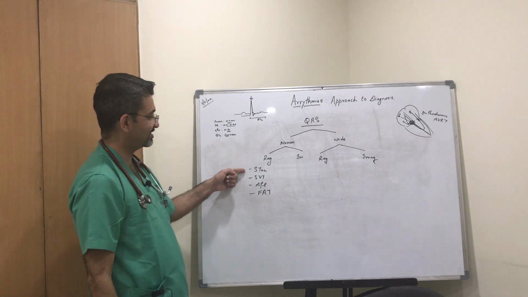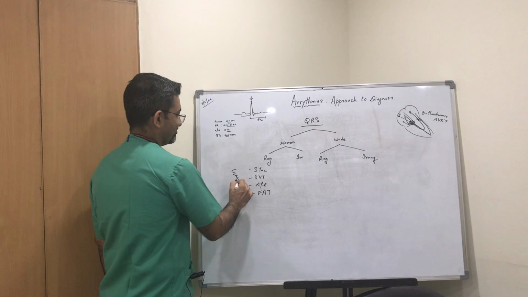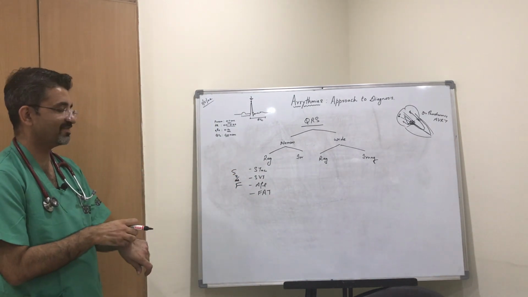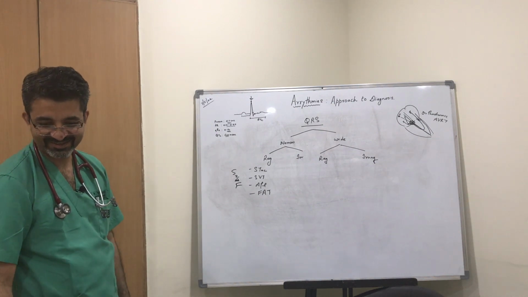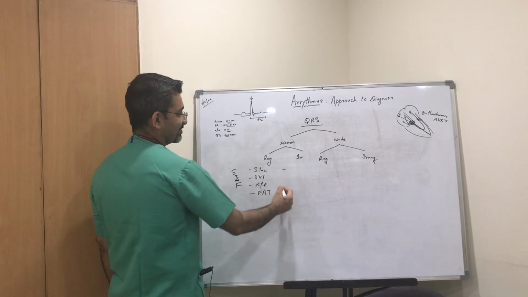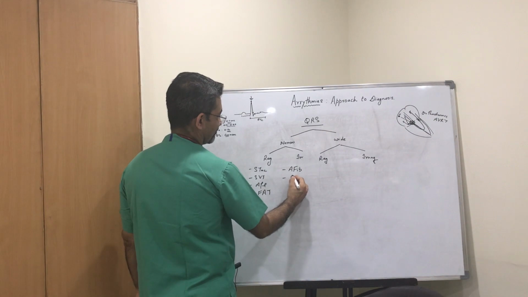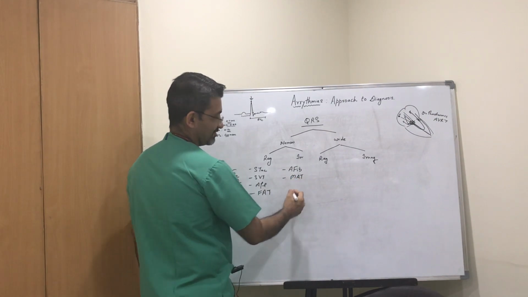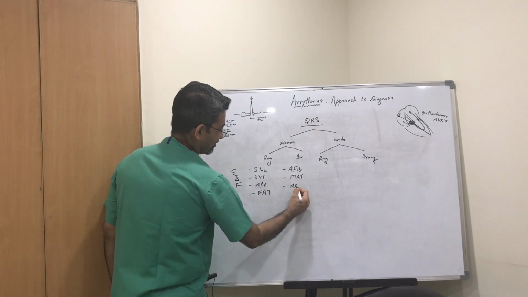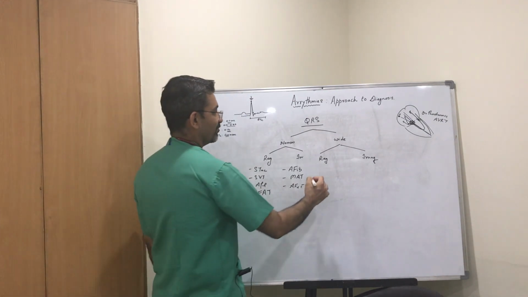Okay, sinus tachycardia, SVT, atrial flutter, and focal atrial tachycardia. If you have irregular narrow complex, you have atrial fibrillation, you have multifocal atrial tachycardia, or you have atrial flutter with varying block.